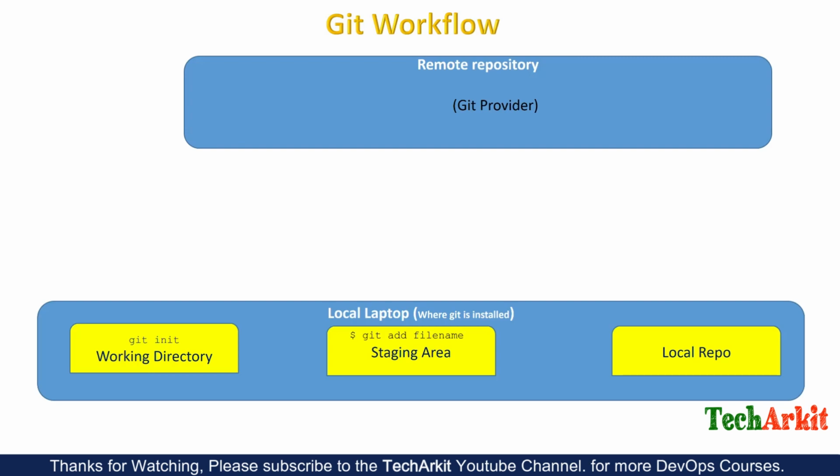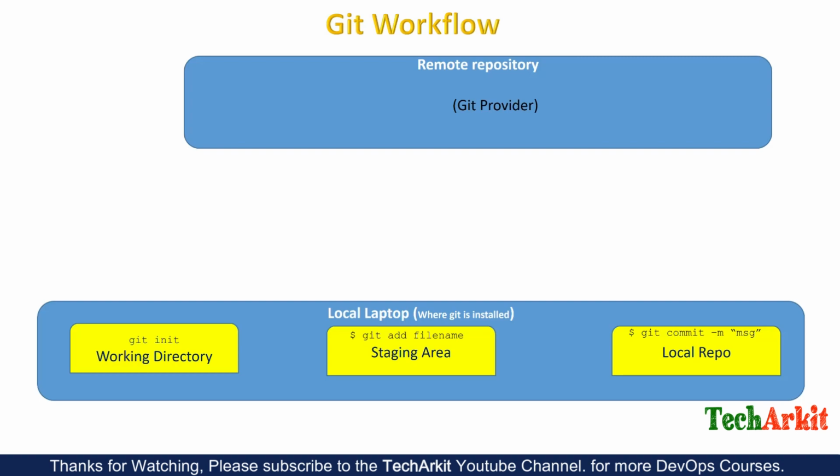Then it adds your file into your staging area, where you stage all the files. Now, once you do git commit and provide a meaningful message, it commits to your local repository.